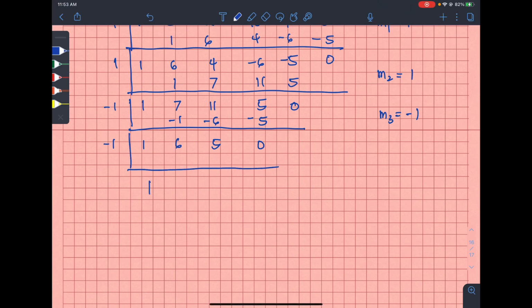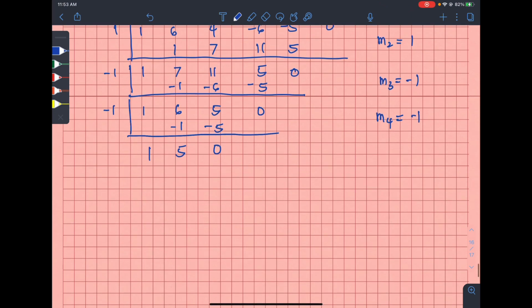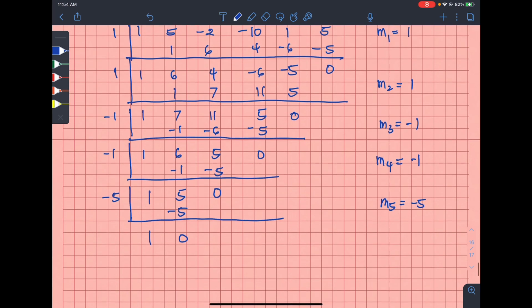So 1, negative 1, a 5, and a negative 5. So that is 0. So m4 is negative 1. And lastly, of course, so this should be negative 5. So 1, a negative 5, a 0. So m to the 5th, 5th root, so negative 5.